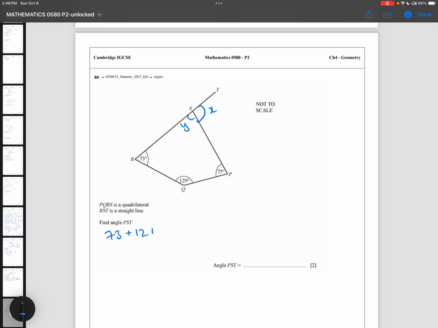73 plus 129 plus 75 plus Y is equal to 360. Now 73 plus 129 plus 75 is equal to 277. Now this 277 will be subtracted from 360.